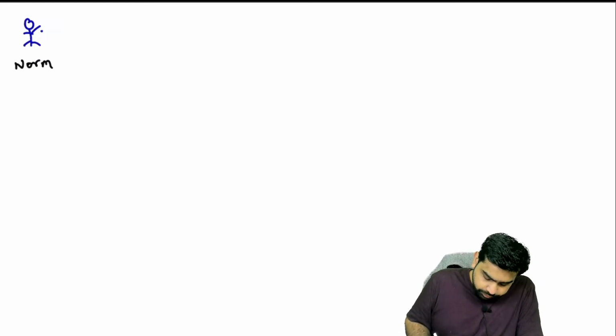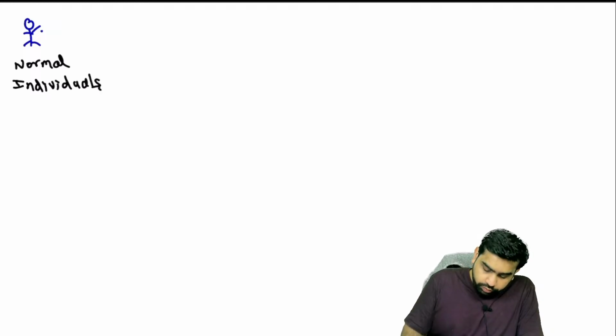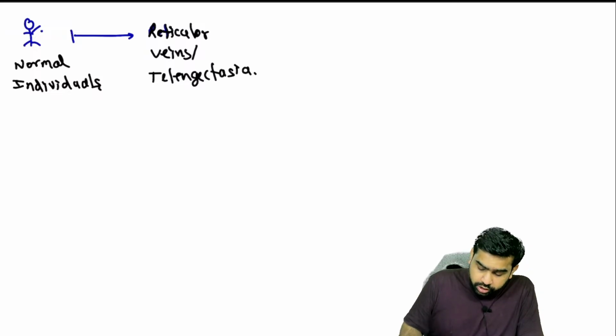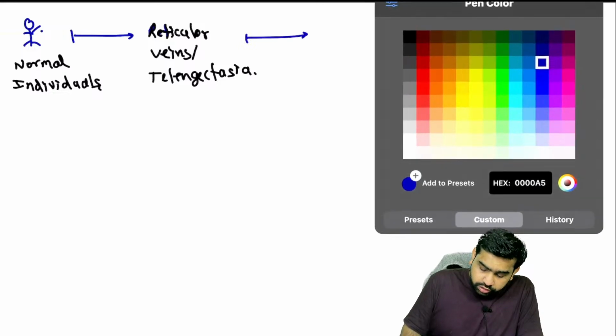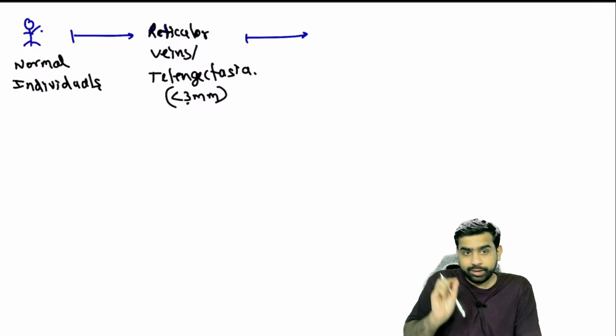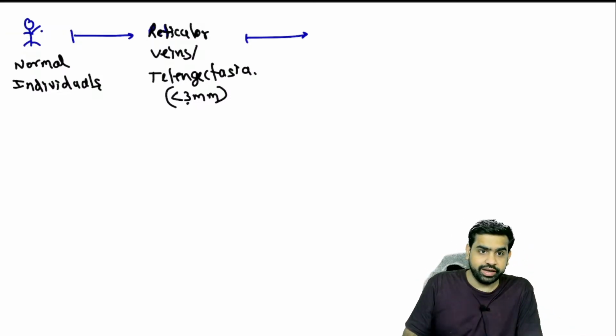Now, over our life, we can develop reticular veins or telangiectasias. What do you understand by reticular vein and telangiectasia? It is where the dilatation is less than 3 millimeters in diameter.